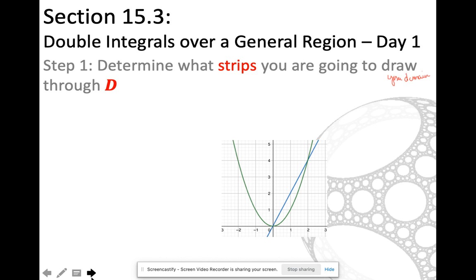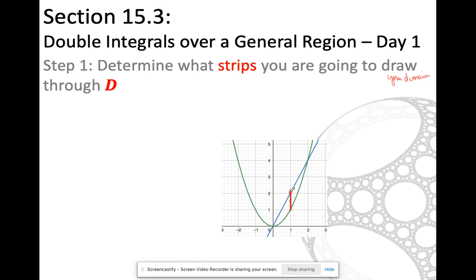There's my domain. If I want to draw vertical strips through there, here's one of the things I imagine, just like when I was in Calc 1. You're the click and drag generation. Imagine I can put my cursor on this vertical strip and drag it left and right through the domain, through the X's, changing the X's.